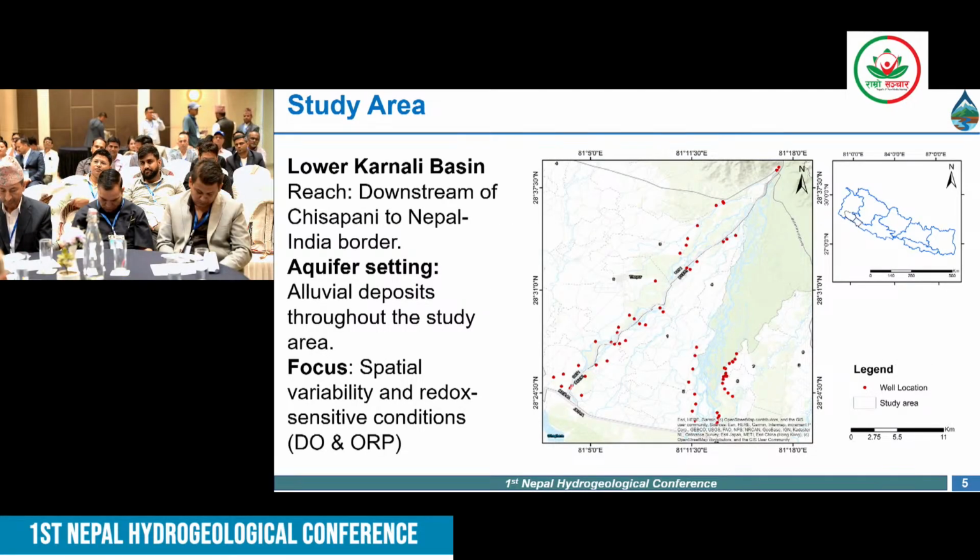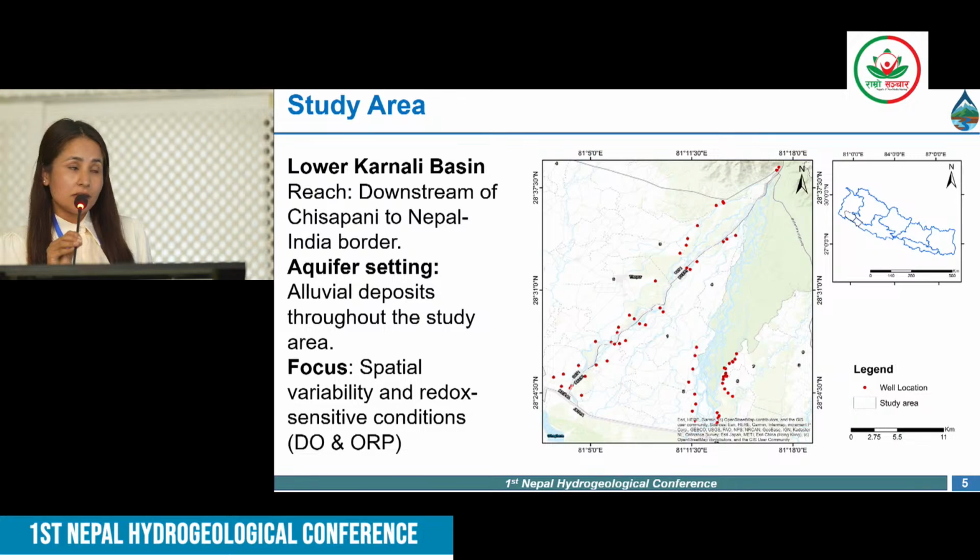This is the study area, which represents the location where we have done well inventory and sample collection. The study area is geologically composed of alluvial deposits, and the study focused on spatial variability and redox sensitive conditions in the study area.